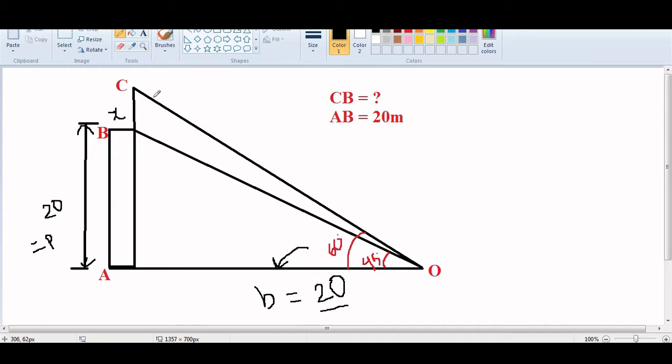So what we can do, the right angle triangle AOC, the perpendicular is basically the summation of AB and CB.